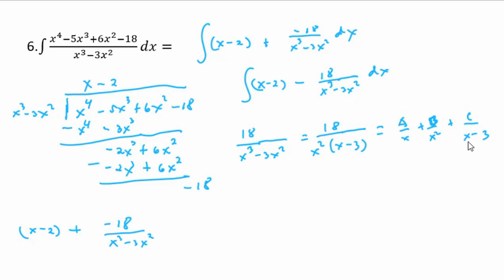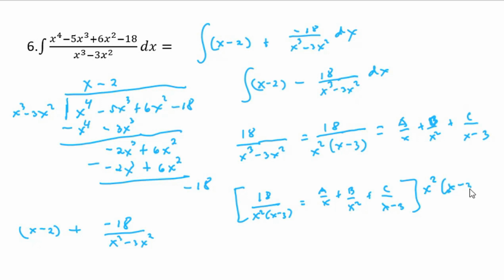From here, we multiply the entire equation by its LCM. I will rewrite it first: 18 over x squared times x minus 3 is equal to A over x plus B over x squared plus C over x minus 3. I will multiply the entire equation by its LCM, which is the denominator x squared times x minus 3.